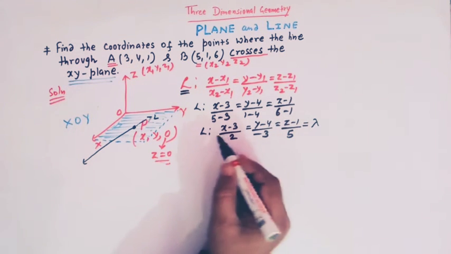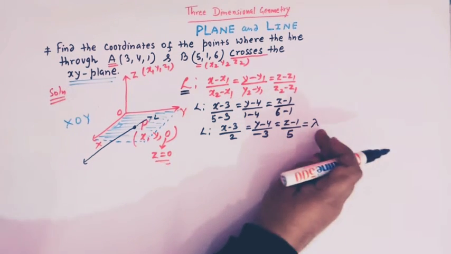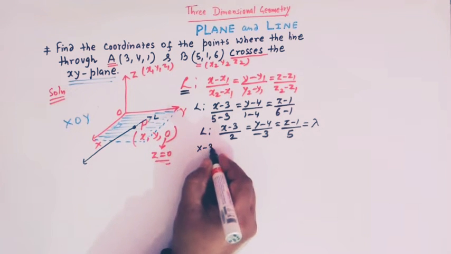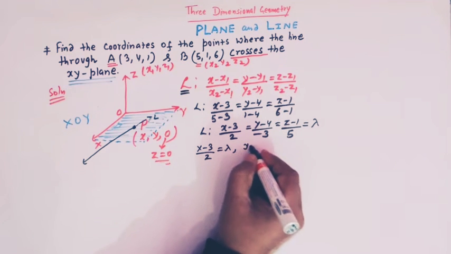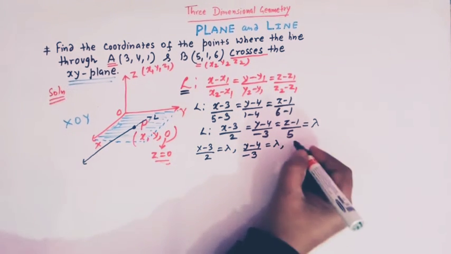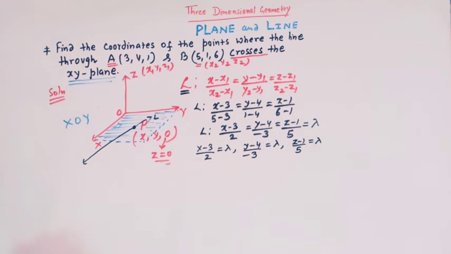So what we will do, we'll equate all these three terms to lambda, where lambda is some scalar. So we have (x minus 3) over 2 equal to lambda, (y minus 4) over minus 3 equal to lambda, and (z minus 1) over 5 equal to lambda.